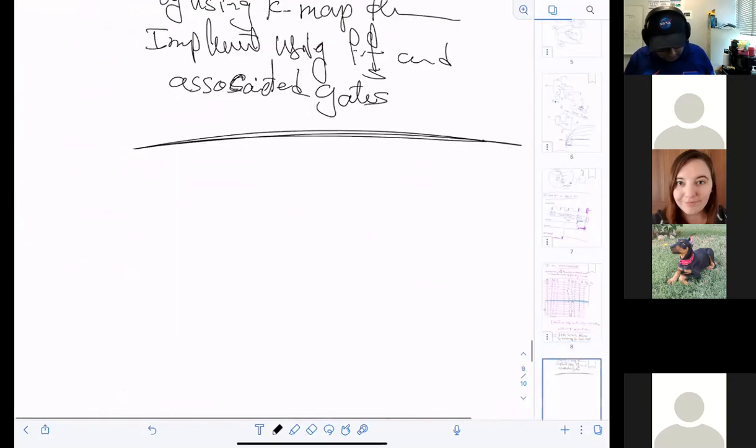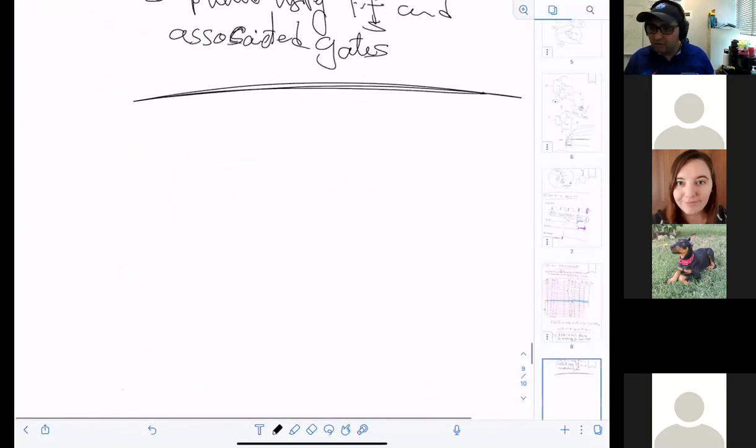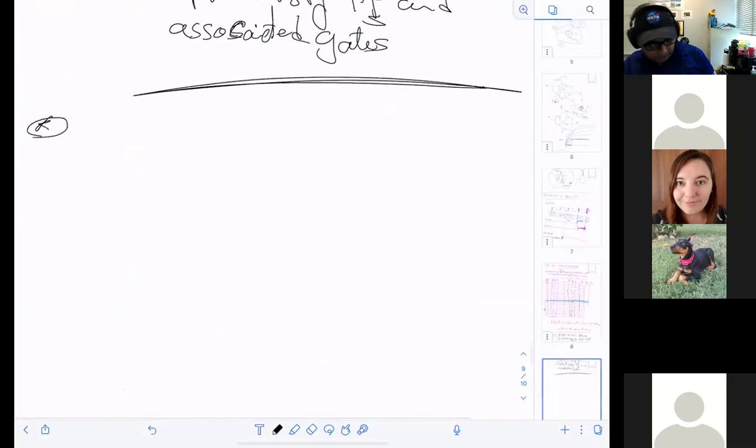Now, if everything is clear, I will share with you the last part before we close for today, and then we'll continue next time. So what is the graphical state representation of this up-down counter going to look like?